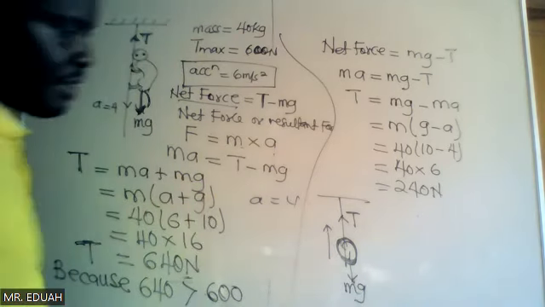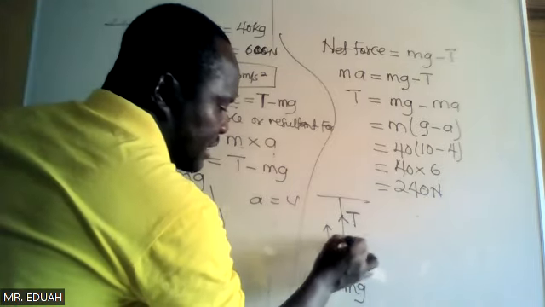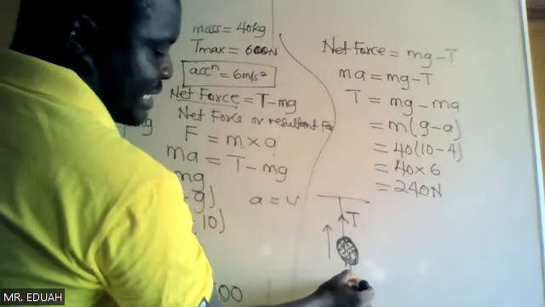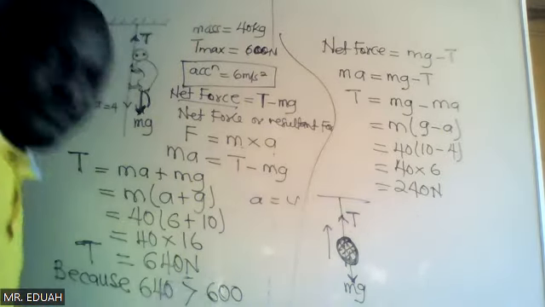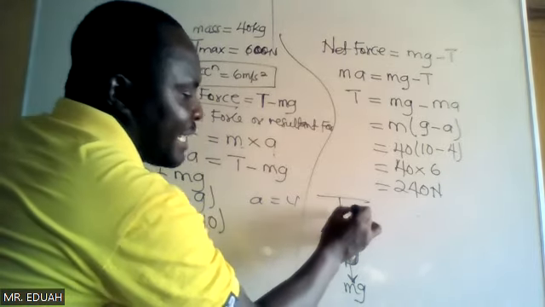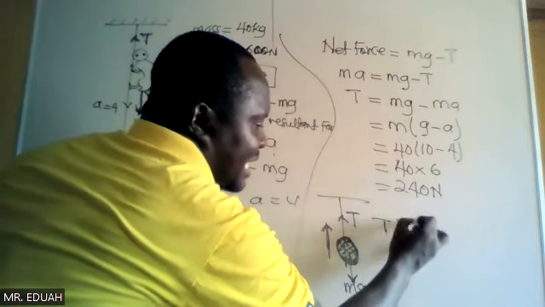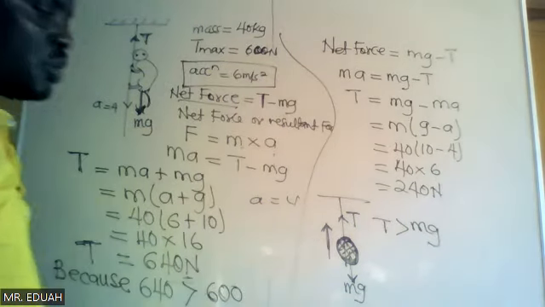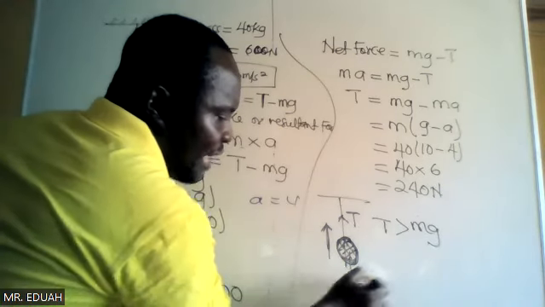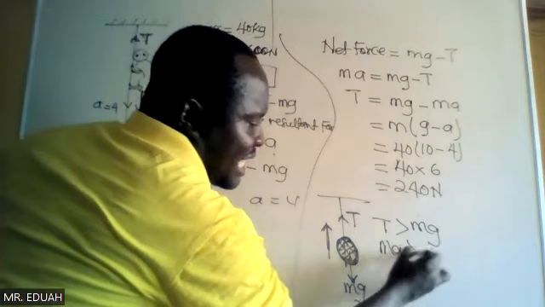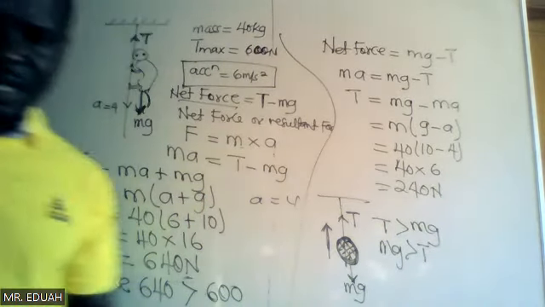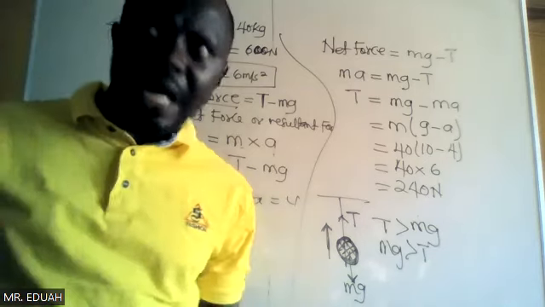If you have forces acting on a body, one acting upward, another acting downward, and the body's motion is going up the rope, then T must be greater than mg for the body to go up the rope. Because if mg is greater than T, the rope breaks.